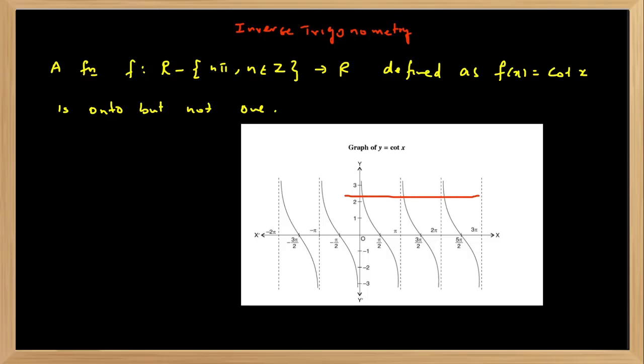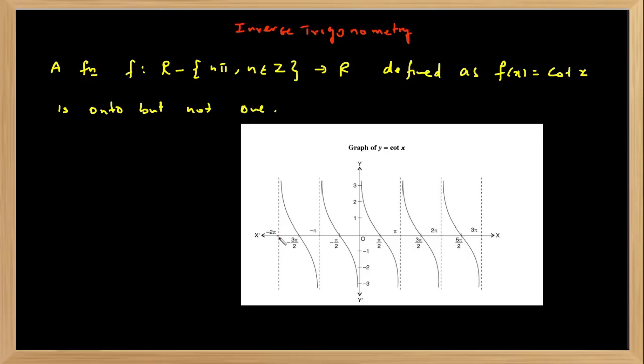So at these points, like pi by 2, 3 pi by 2, 5 pi by 2, you have x values different but y values are same. So as it is, this function is not 1-1. We can make it 1-1 in any of these intervals.